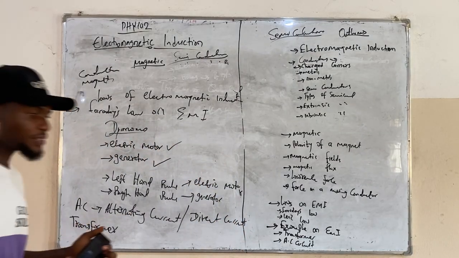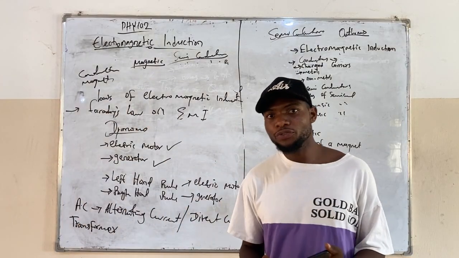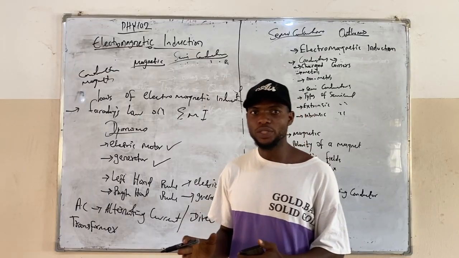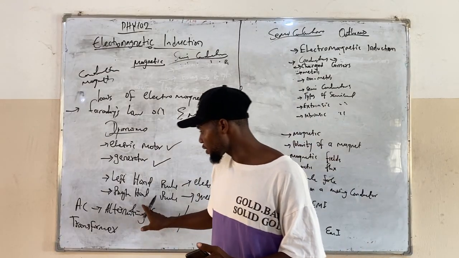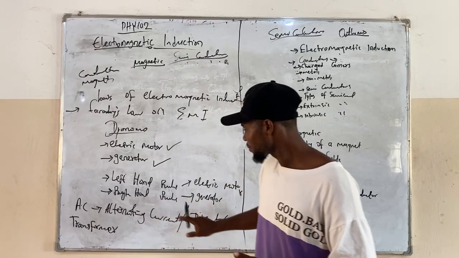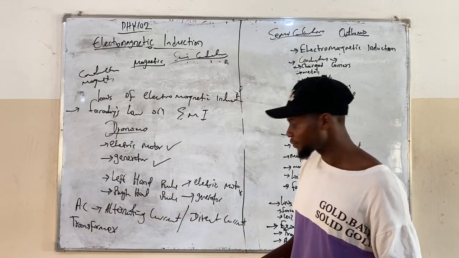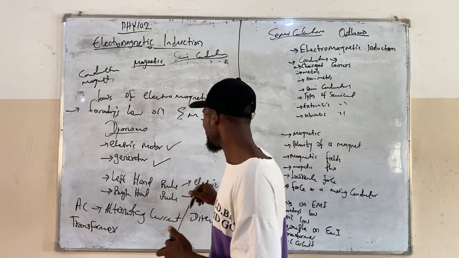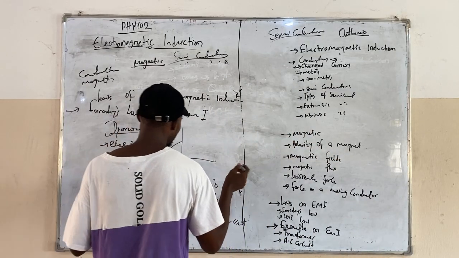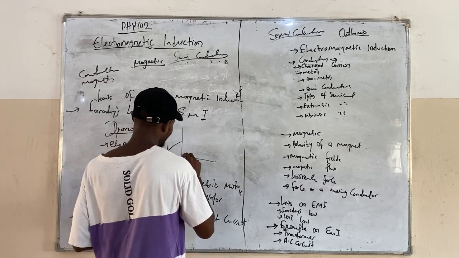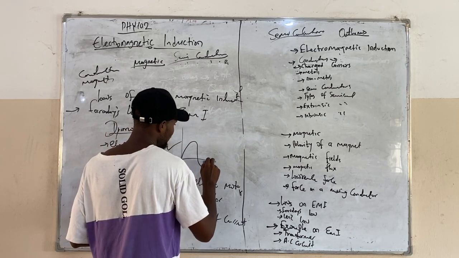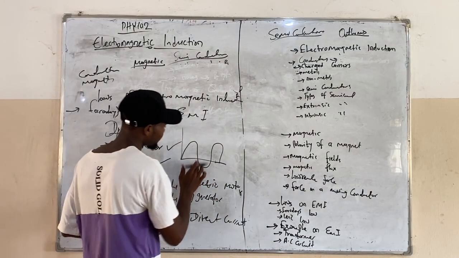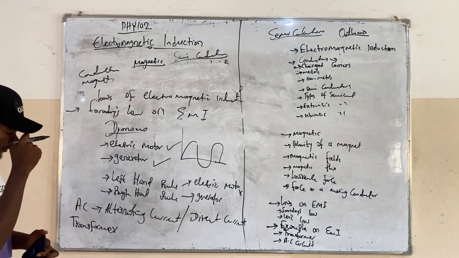Direct current, as the name implies, moves directly; it flows with time. But alternating current alternates with time, and it moves sinusoidally or periodically, like a wave, going up and downwards. That's your AC.